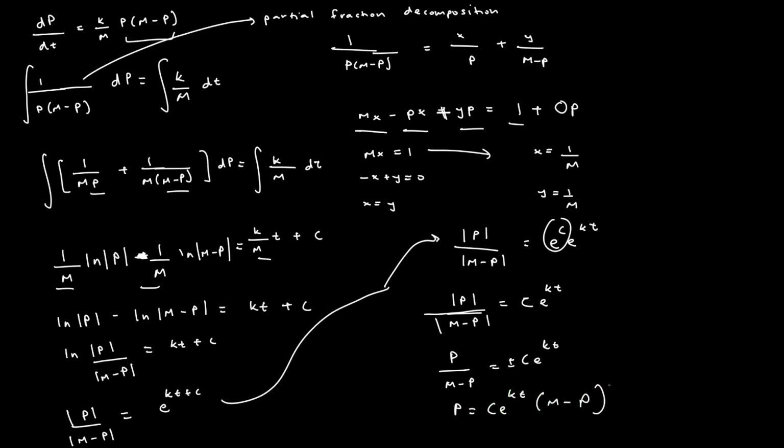And let me actually start this on a fresh page. So far what we have derived is p is equal to some constant c times e to the power of kt times m minus p. Now we get p is equal to c times e to the power of kt m minus c times p e to the power of kt.